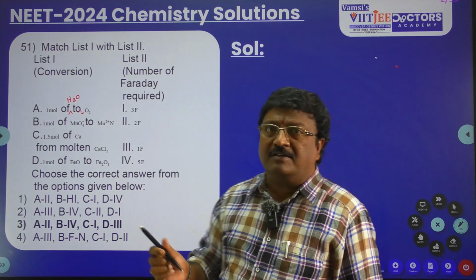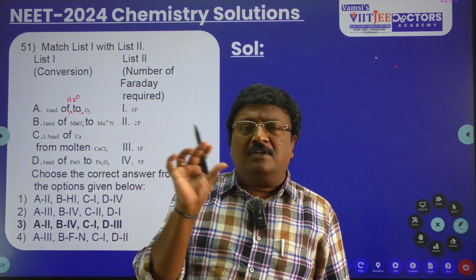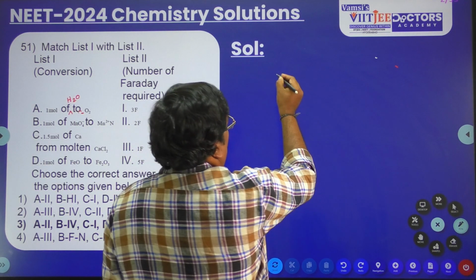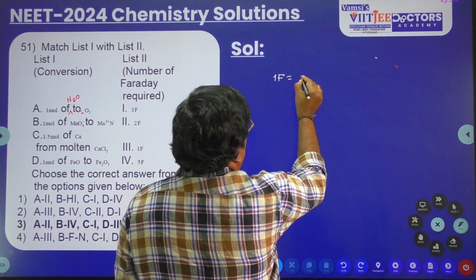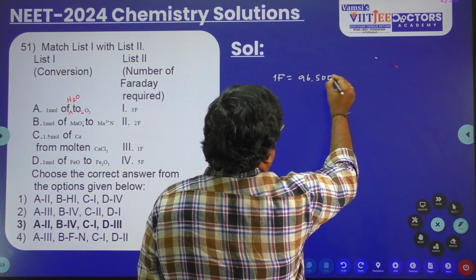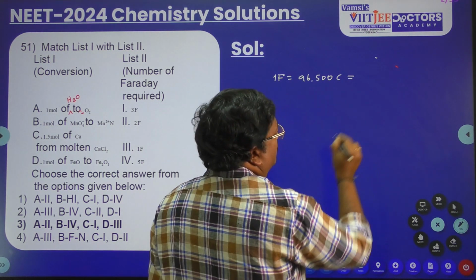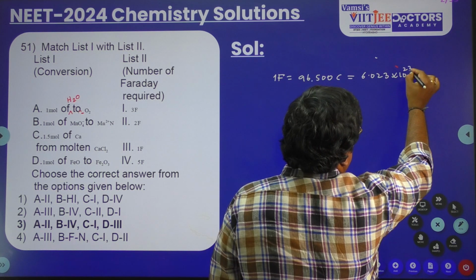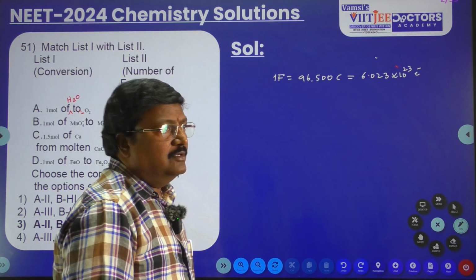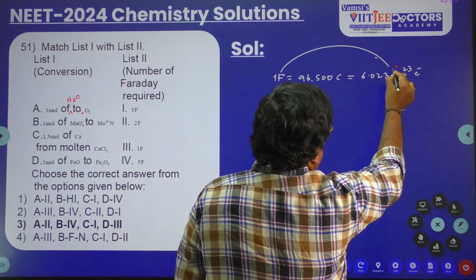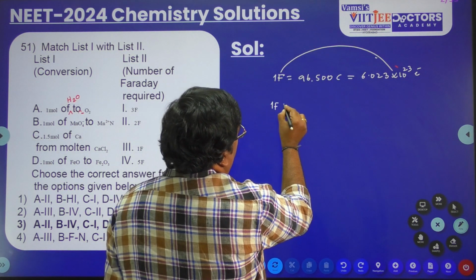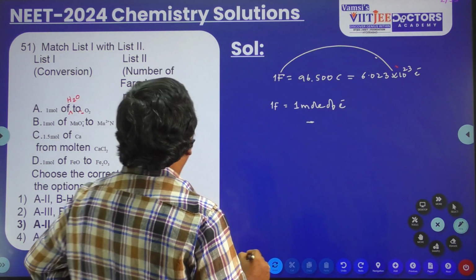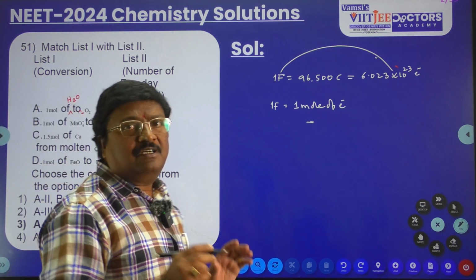Here Faraday is given, and we have to use the relation between Faraday and the number of moles of electrons. 1 Faraday equals 96,500 coulombs, which equals 6.023 into 10 power 23 electrons. So 1 Faraday equals 1 mole of electrons, right? Based on this, we have to find the answer.